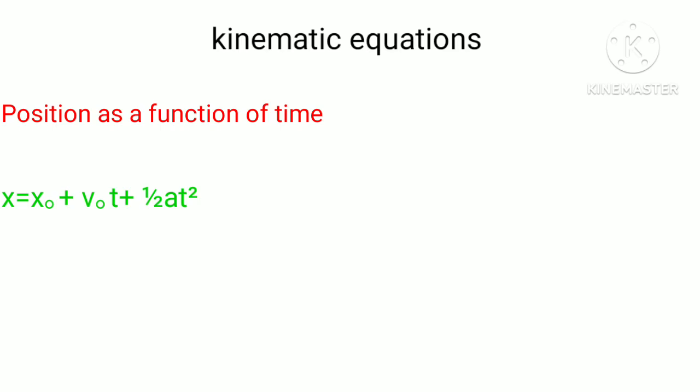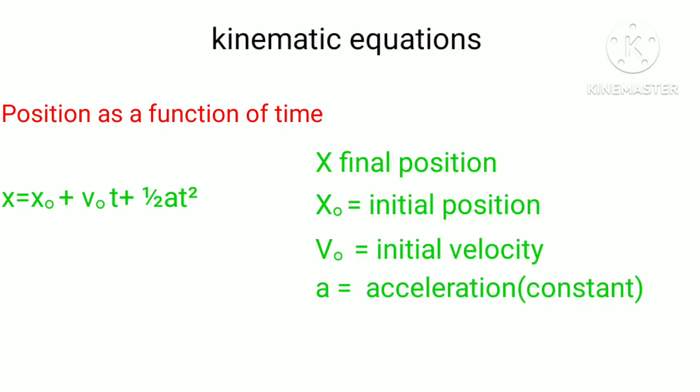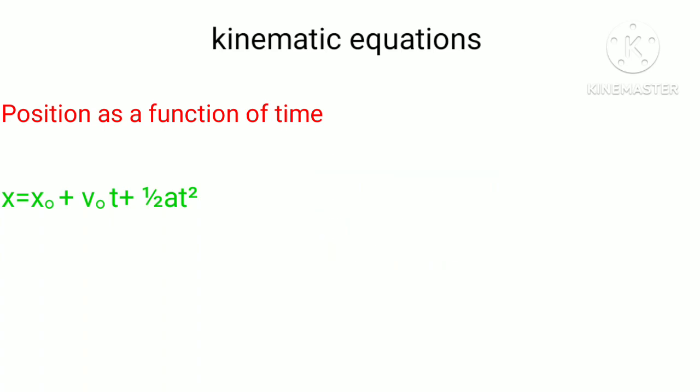Position as a function of time. x equals x0 plus v0 t plus half at squared, where x is the position of the object at time t. x0 is the initial position of the object at time t equals 0. v0 is the initial velocity of the object at time t equals 0. a is the constant acceleration of the object.